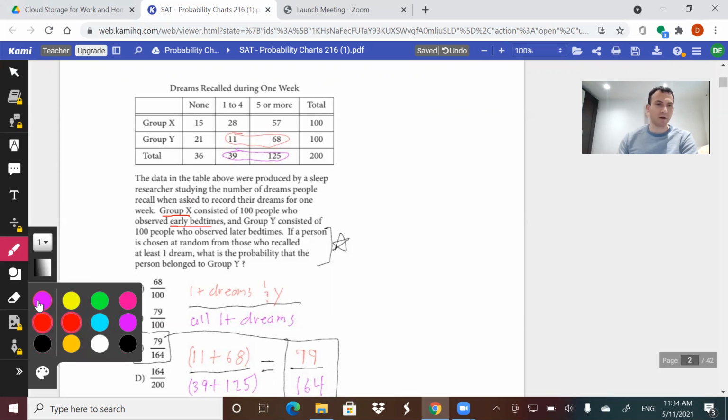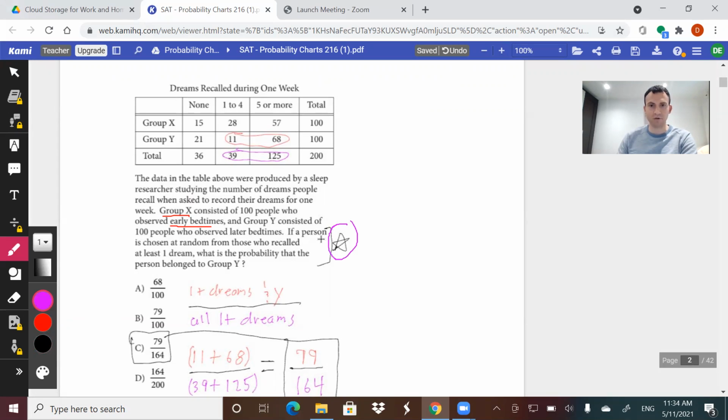Okay, so that last bit is what's really important, and that's probably why I starred that in the past. Anyway, we are choosing a person at random from those who recalled 1 or more dreams. So if we look at the table, 1 to 4 is 1 or more dreams, 5 or more is 1 or more dreams. The total of those who recalled 1 to 4 dreams in both group X and Y is 39.